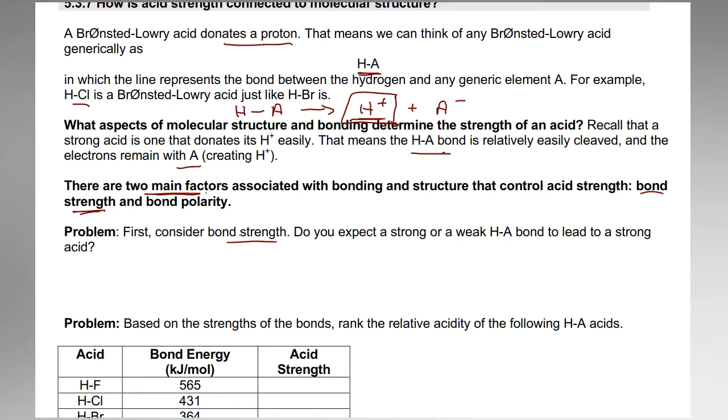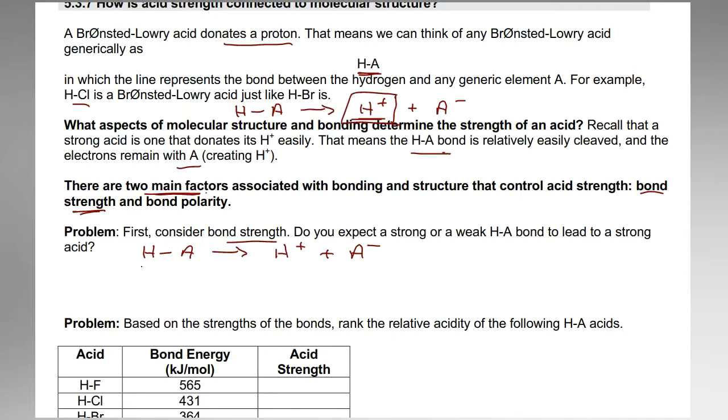The question is, do you expect a strong or a weak HA bond to lead to a strong acid? So again, the acidic reaction of HA is cleavage of that HA bond such that the electrons go entirely to the A species and you generate a proton.